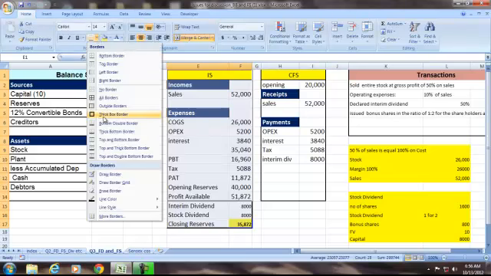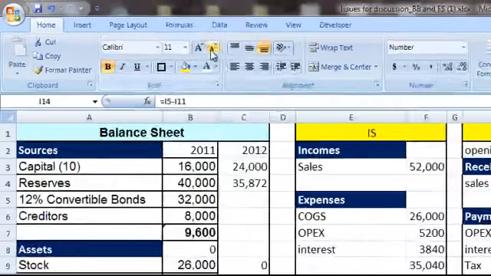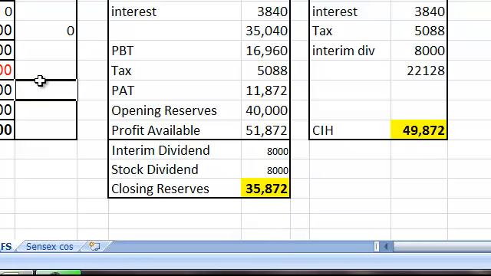We can find the cash in hand now by deducting the payments from the cash available. So the total payments during the period is 22,000. So the cash available, which will be shown on the asset side of the balance sheet, is 49,872, and that is an asset. So we'll transfer that to the asset side.